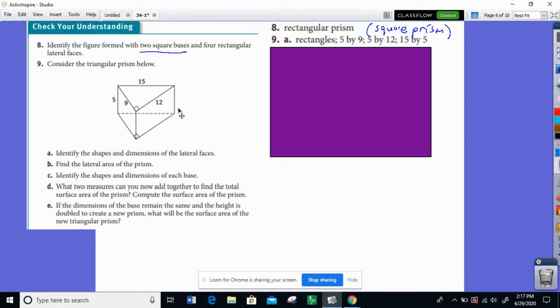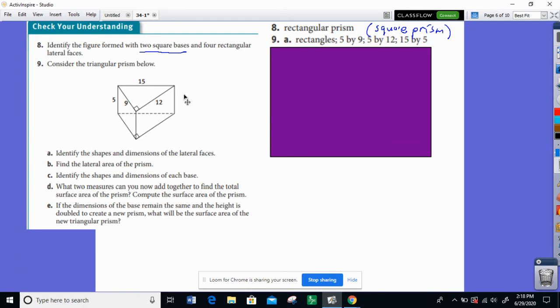So we've got 3 different rectangles, one that's 5 by 9 here on the left, another one that's 5 by 12 in the back, and another one that's 15 by 5. Oh, I'm sorry, the 15 by 5 one is in the back, and the 12 by 5 one is here on the right.